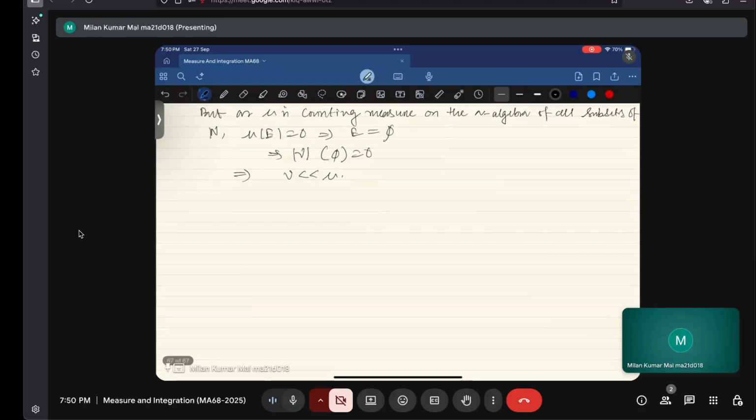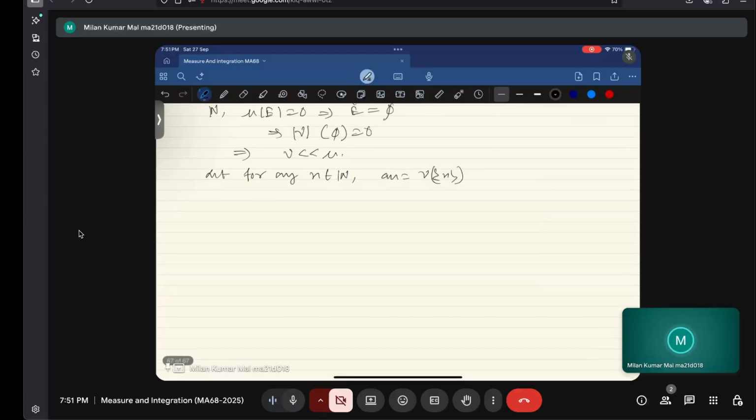Now we have to find the Radon-Nikodym derivative. For this, for any n belonging to N, let a_n equal nu of the singleton set {n}, which is a measurable set. So a_n equals nu of {n}.